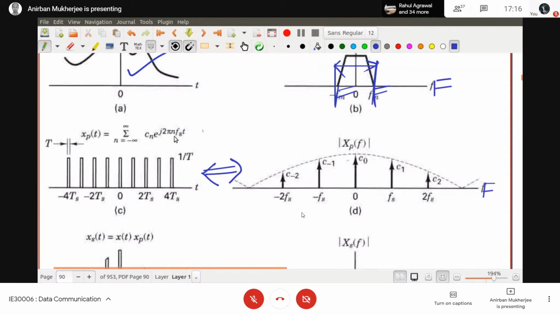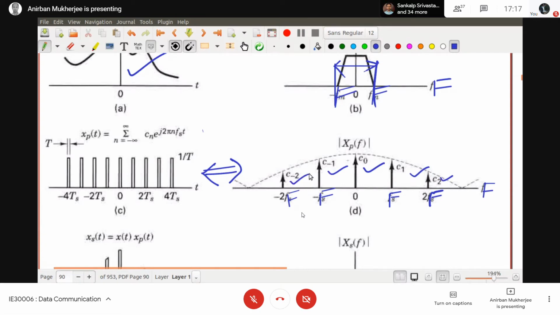At f_s, I will get all these pulses at f_s, 2f_s, minus f_s, minus 2f_s, like that. If you calculate this, it will look like sinc type of pulses, meaning sin x by x type, where you will get some c_0, c_1, c_2, c_minus 1, c_minus 2.